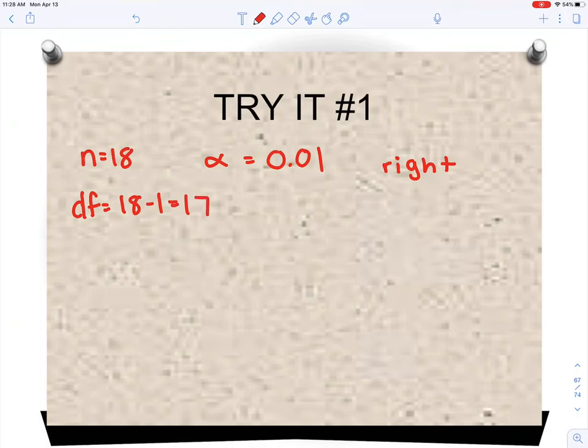Since it's a right-tailed and I'm looking at the chi, I have no change. So I'm going to look in the back of the book at my chi-square chart. I'm looking at 0.01 and 17. 33.409.